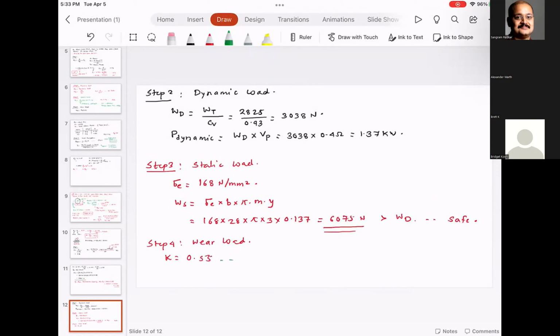So this comes from table 31.5, and you can find out the value of wear load as dg times b times k. dg is 162 times b is 28 times k is 0.55, which is 2495 Newton.